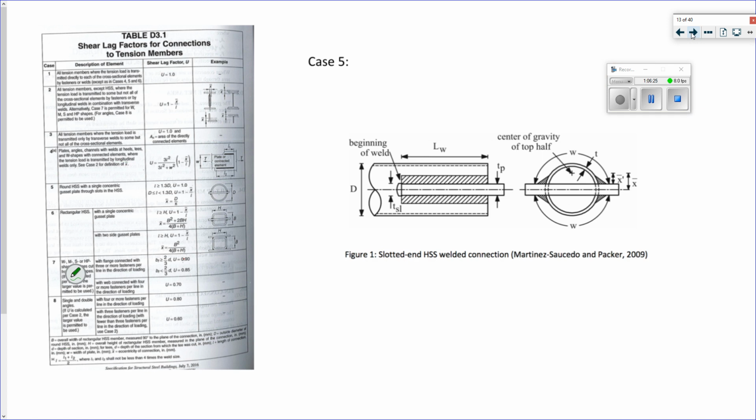Case 5, if we have a single gusset concentric within a round HSS, it says if the length of your connection is greater than or equal to 1.3 times the diameter of your HSS, you get to use a shear lag factor of 1.